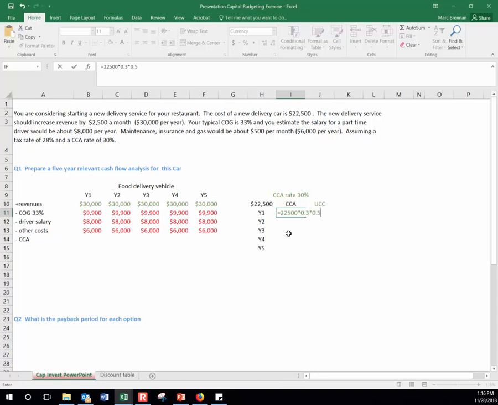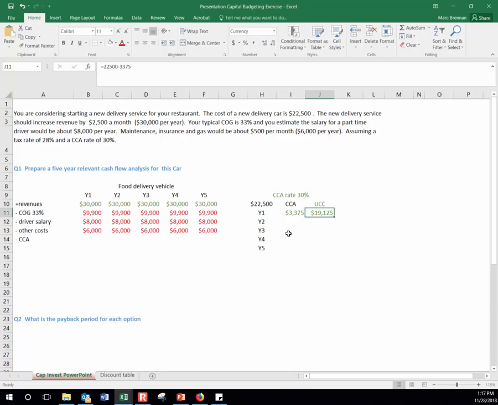That tells me how much depreciation expense I can have in year one: $3,375. We'll keep to rounding because we don't want to talk about cents in this case. My undepreciated capital cost at the end of year one is how much it was at the beginning, the $22,500, minus that depreciation.